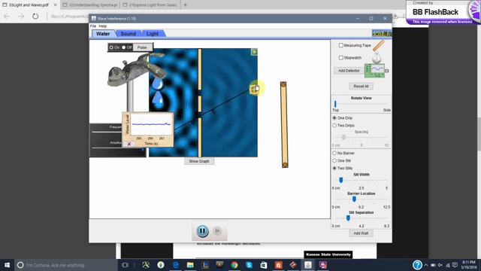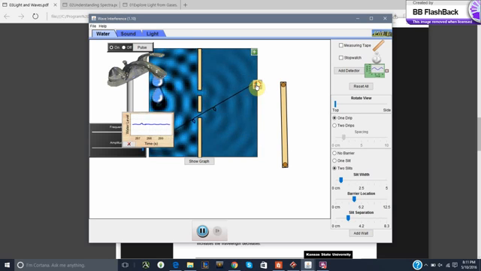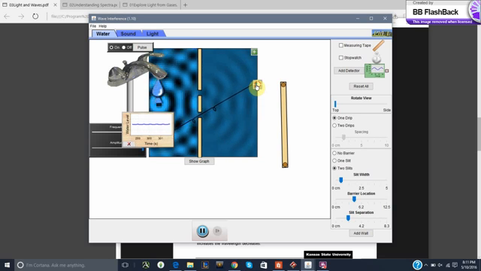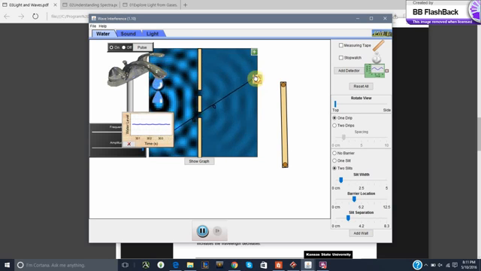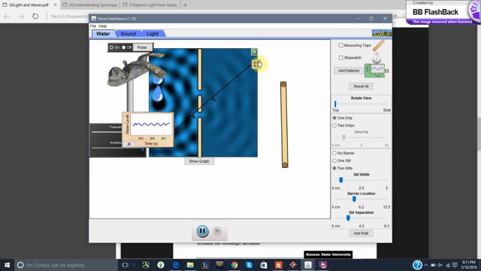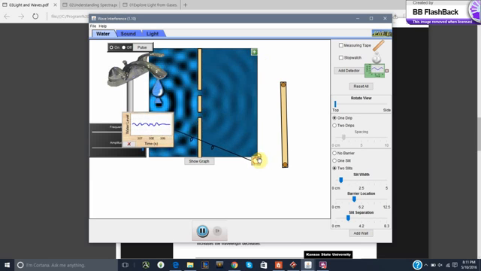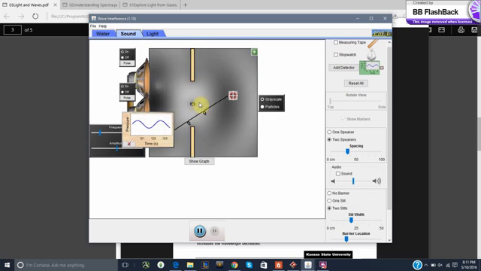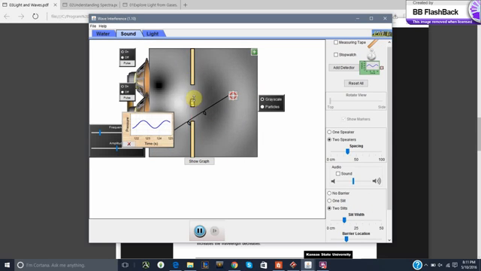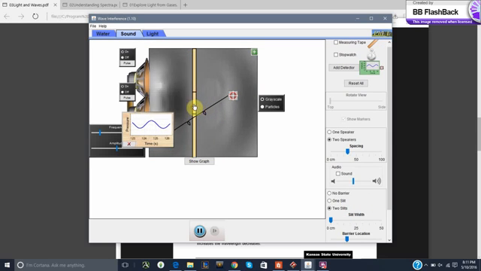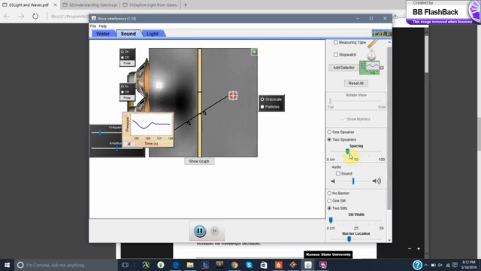And here you see an area of relative calm. So destructive interference is occurring here, and then you can see constructive interference occurring over here where the wave gets larger. And if you do this again with sound, you will notice almost exactly the same thing.